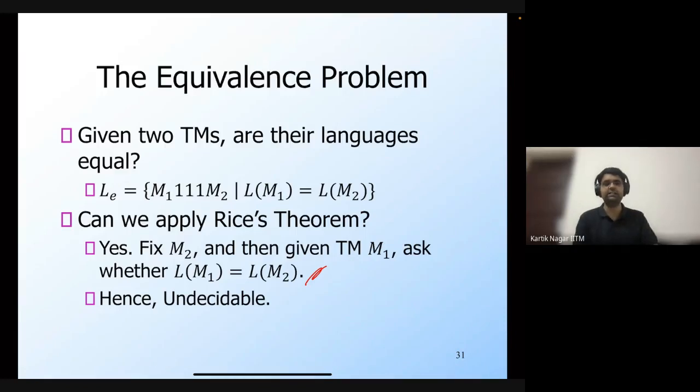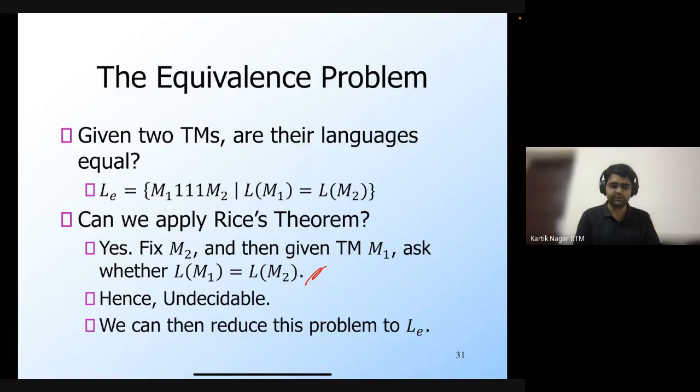So there is a very easy reduction here from the problem where we are fixing M2 to the equivalence problem. And since we know that the problem where we are fixing the Turing machine M2 is undecidable, that means that the original equivalence problem is also undecidable. So that's how we can show that this equivalence problem is undecidable as well.